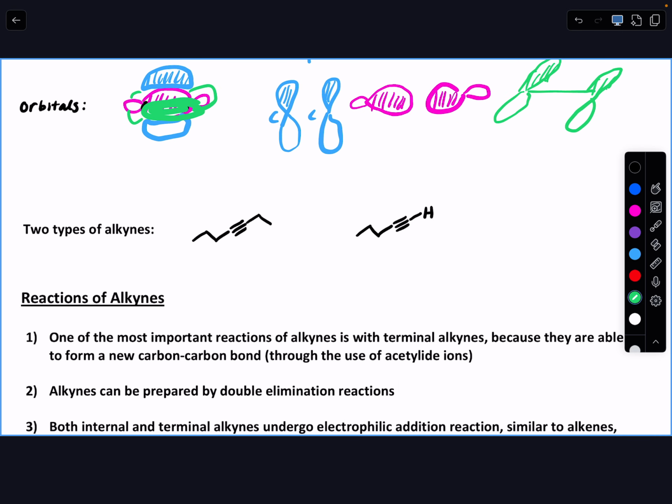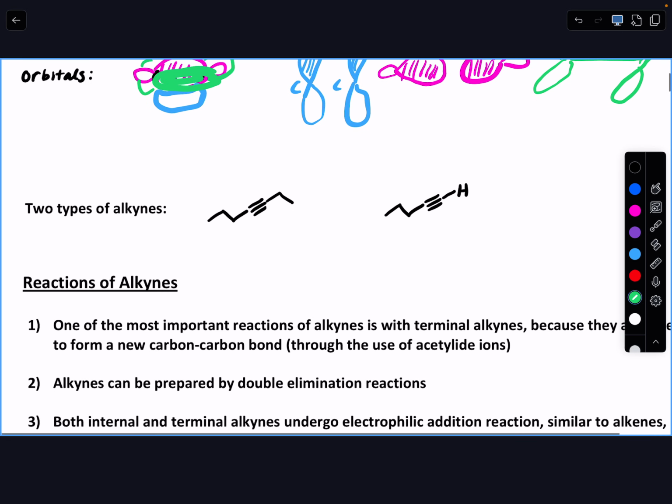We'll see. There's internal alkynes and terminal alkynes. So this is internal. And this one is terminal. Again, it might seem arbitrary right now, but there is an important reason why we classify them that way. So internal simply means that both sides of the carbon-carbon triple bond have a bond to carbon.